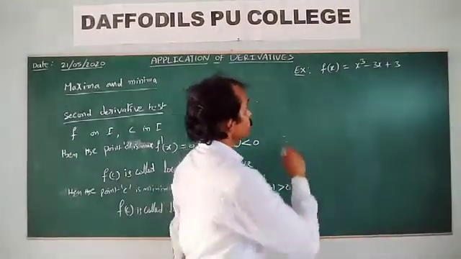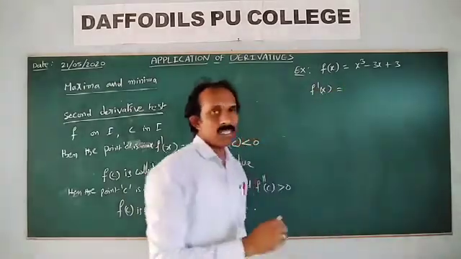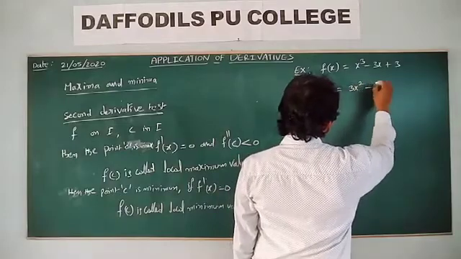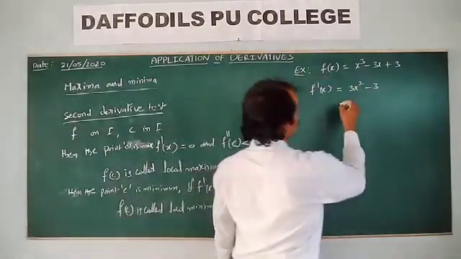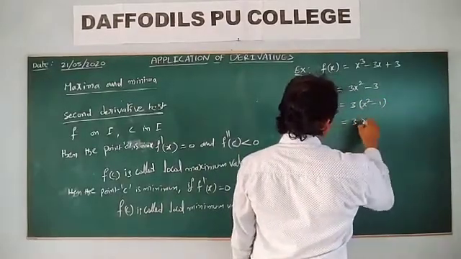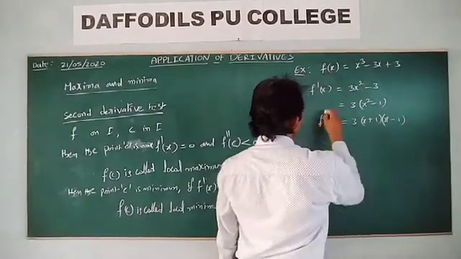Same example. What is f dash x? F dash x is 3x square minus 3. This can be written as 3 of x square minus 1. This can be written as 3 of x plus 1 into x minus 1.